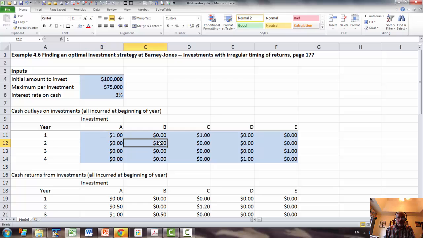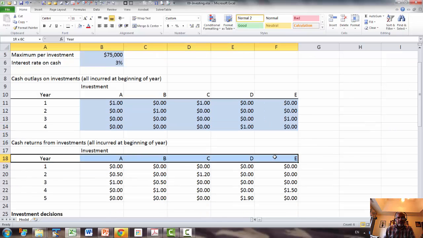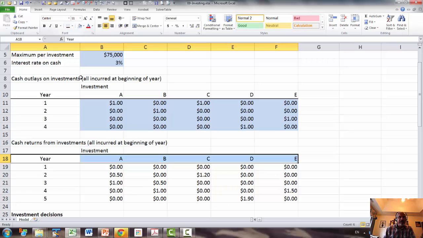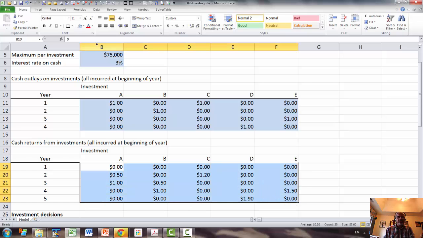Here it is $1 in year 2, this is year 1, here it is year 4, and so on. And here we are given the revenue coming back, the return. In year 2, for $1 invested in year 1, we get 50 cents back in year 2 and $1 back in year 3.